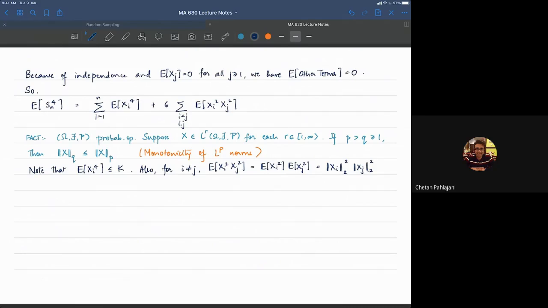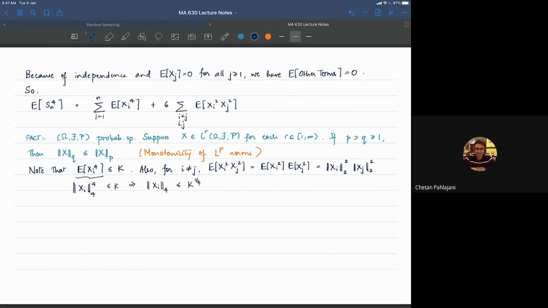Any questions with that? Now what is this here? I'm taking xi and its L4 norm to the 4th power, and this is less than or equal to K. So this says that the L4 norm of xi is less than or equal to K to the power 1/4.